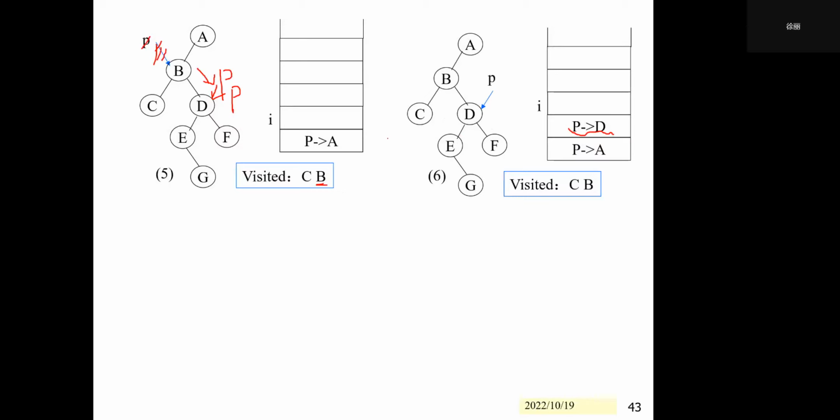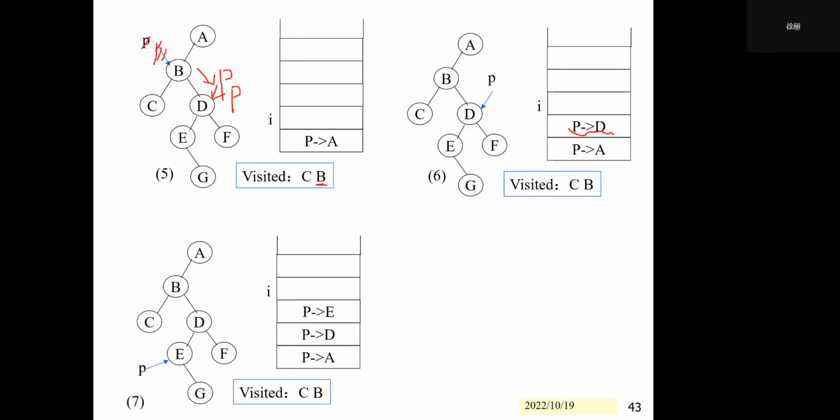So go left. P points to E. And every time when P is not null, we push and go left. And then next time P will be null, right? Because the left child of E is none.